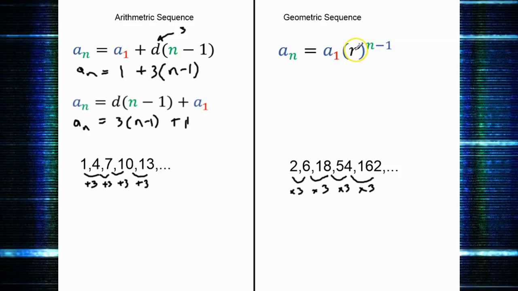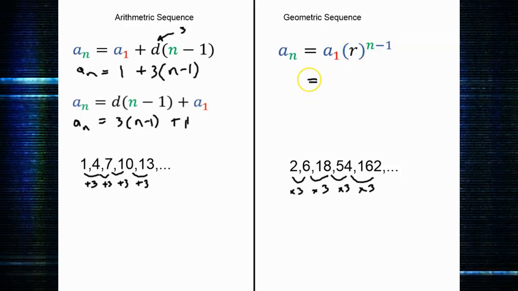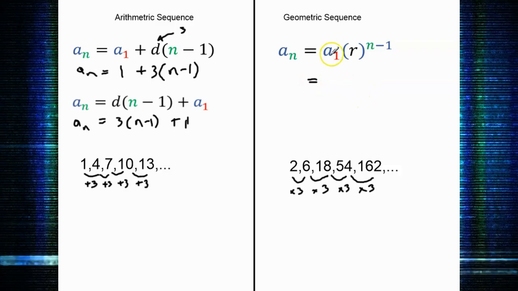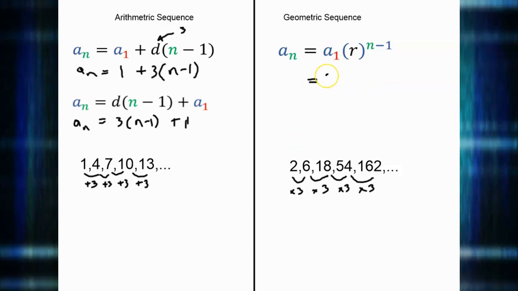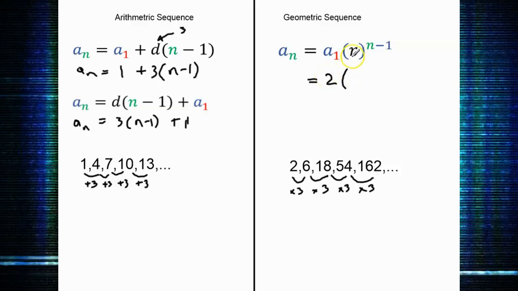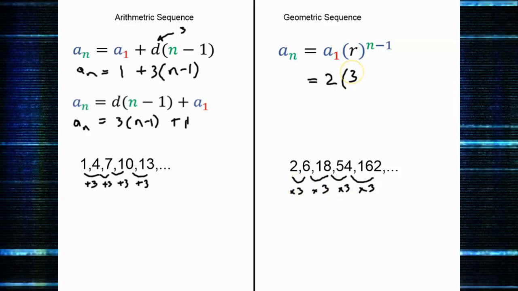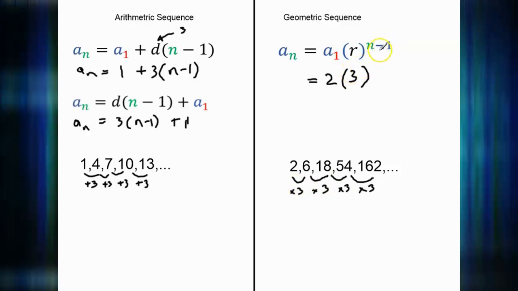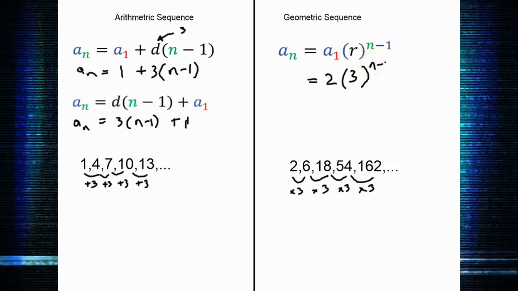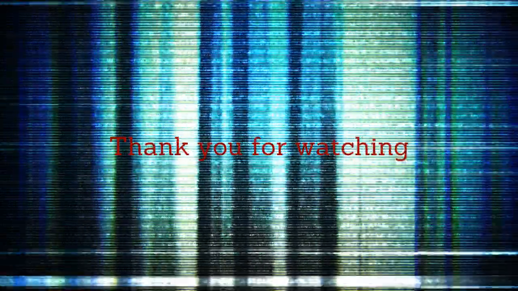We're going to substitute this and write out our formula. So a sub 1 is our first term, which is 2. r, we said, was the common ratio, which we just found out was 3. And we're going to keep this n minus 1 as a power or exponent. So this is basically what our sequence is going to look like.